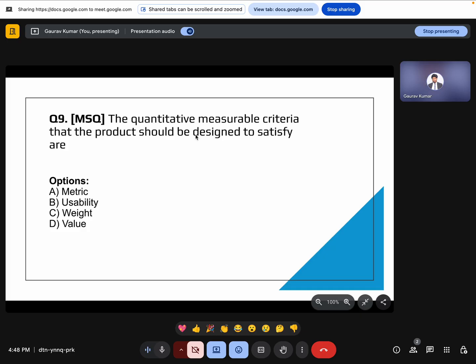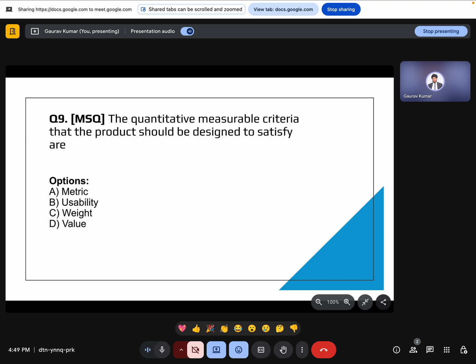Next: the quantitative measurable criteria that the product should be designed to are safety, metric, usability, weight, or value. In product development, designers need measurable and verifiable criteria to know whether a design is successful.